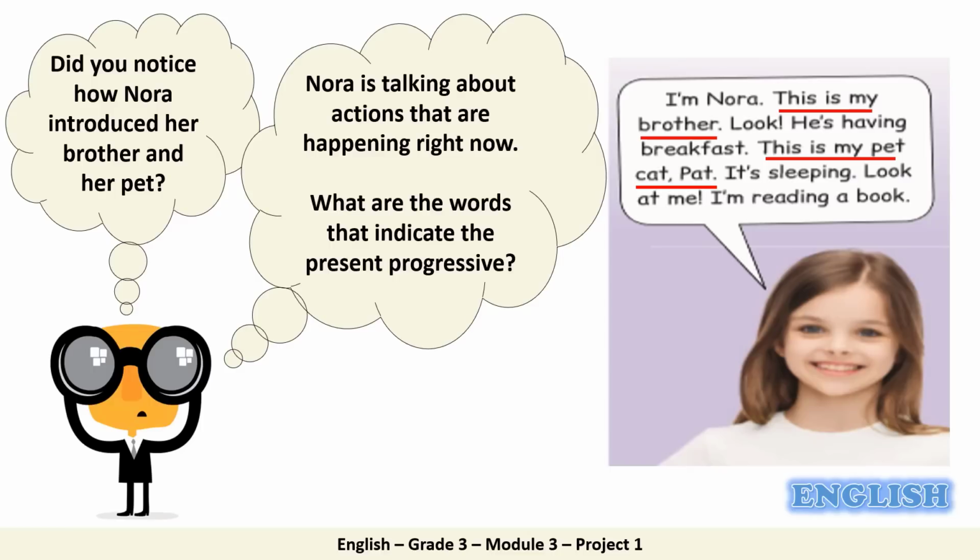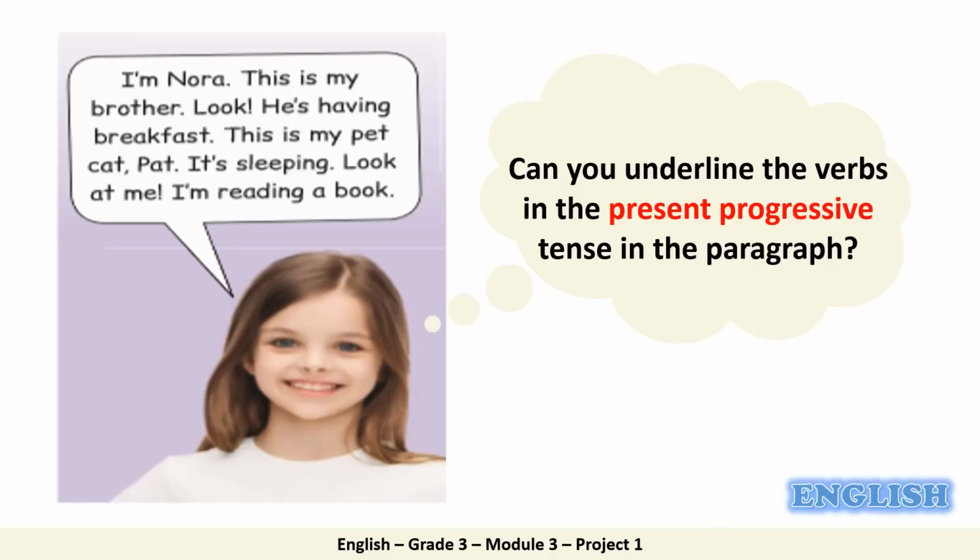What are the words that indicate the present progressive? Brilliant. The word look. Now I want you to pause the video in order to underline the verbs in the present progressive tense in the paragraph.